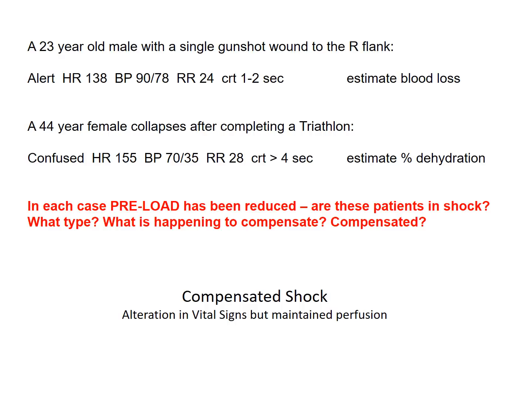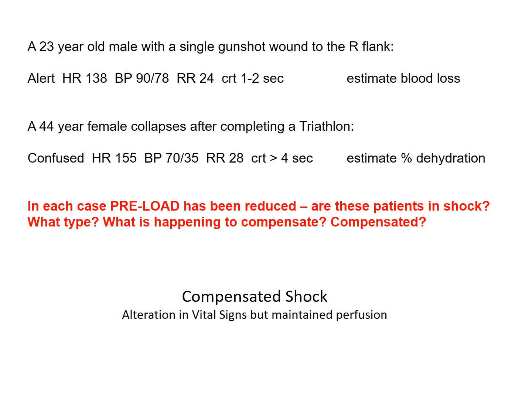In case 1, can you estimate the blood loss? And in case 2, can you estimate the percent dehydration? Can you see the compensation in heart rate in each of these 2 individuals? And then remember, you don't see it, but simultaneously renin-angiotensin is kicking in, trying to get these individuals to conserve blood pressure, conserve sodium, and conserve water.